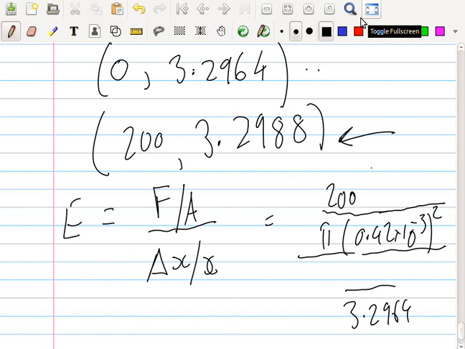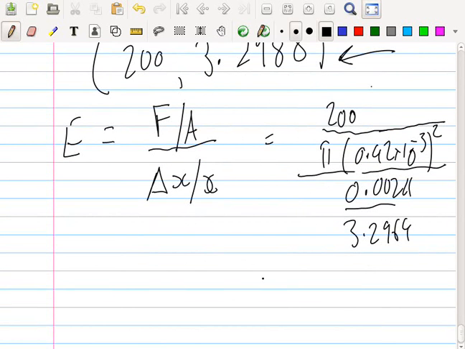So that is 3.2988 minus 3.2964, sorry, the other way around, 0.0024. Sorry, that's a bit messy, but when you put them all into your calculator, you get 4.96 times 10 to the 11.